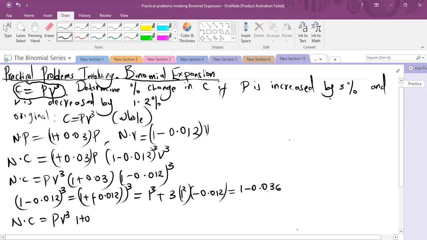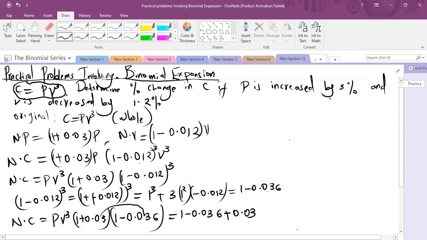Bringing it back into the equation, our new C is equivalent to PV cubed, we have 1 plus 0.03 multiplied with 1 minus 0.036. Now carrying out this expansion, taking 1, multiplying this bracket, I have 1 minus 0.036. Taking 0.03, multiplying this, I have plus 0.03. Now this term that multiplies this one, I will neglect because it will be very small, so it is negligible.